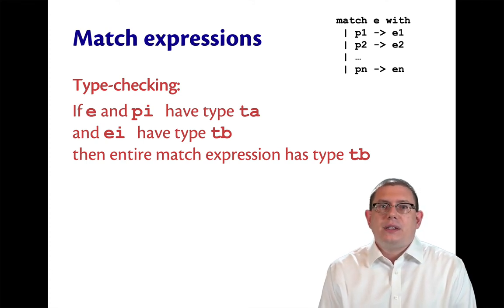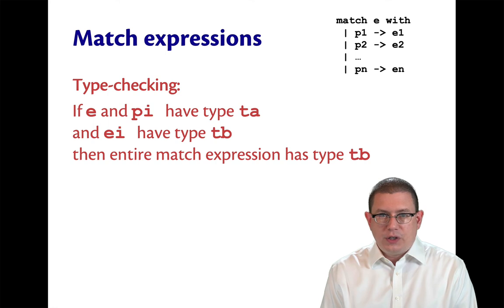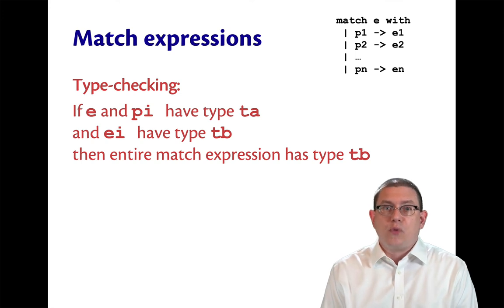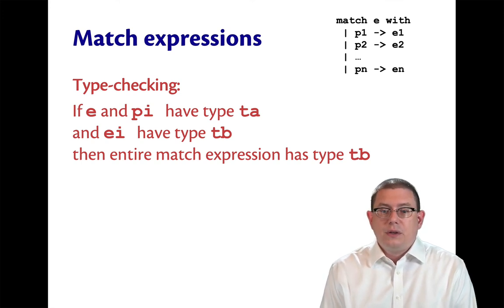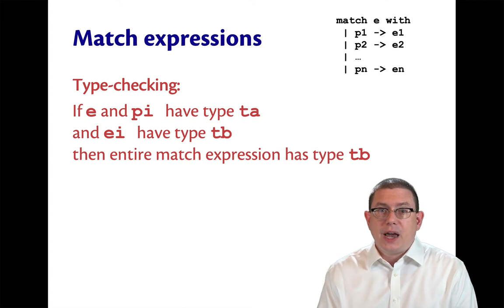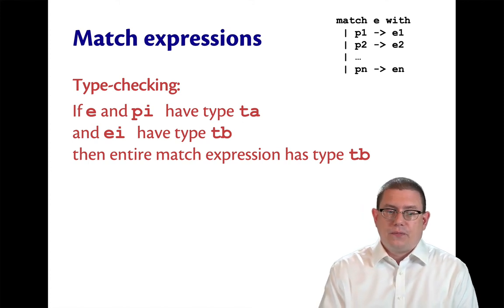Likewise, the type of the entire match expression needs to be the same as the type of all of the possible things that could be returned from any branch of it. So all of those sub-expressions, E1 through En, need to share the same type, and that's also going to be the type of the entire match expression.